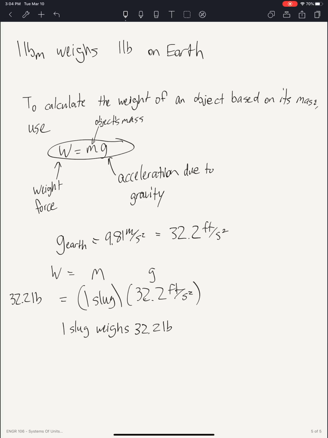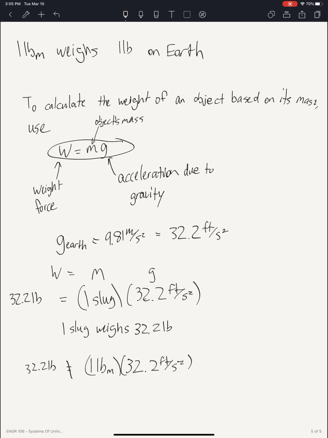32.2 pounds. If you try and say that 1 pound mass times 32.2 feet per second squared equals 32.2 pounds, you are wrong. This is not correct.